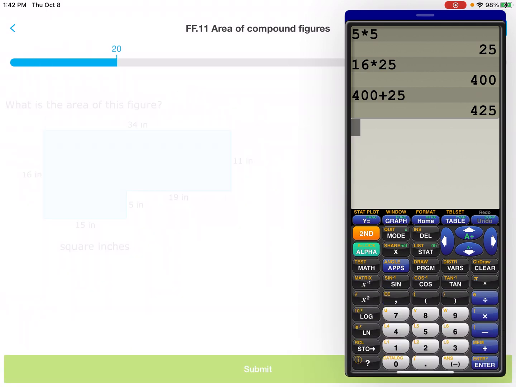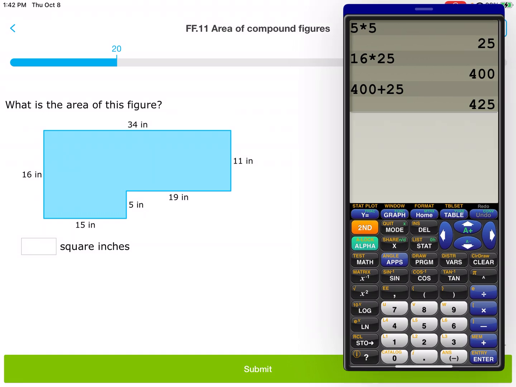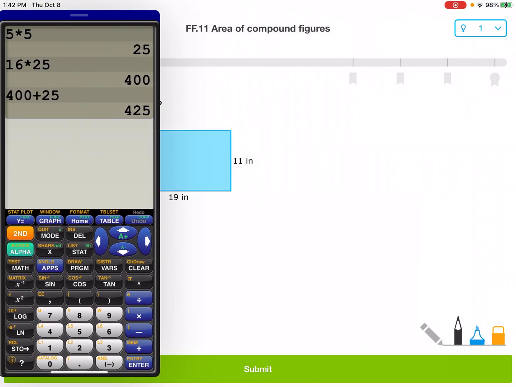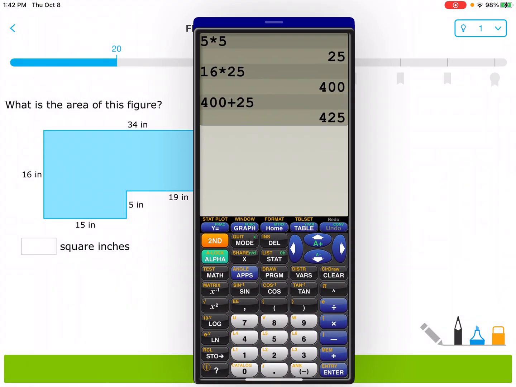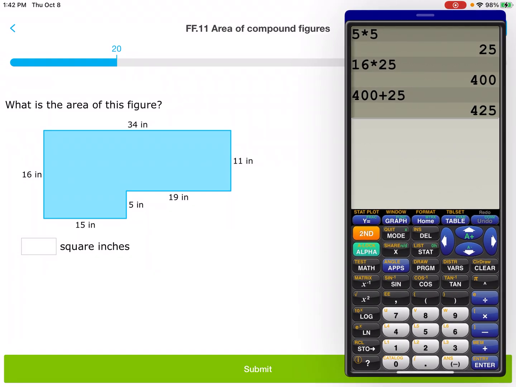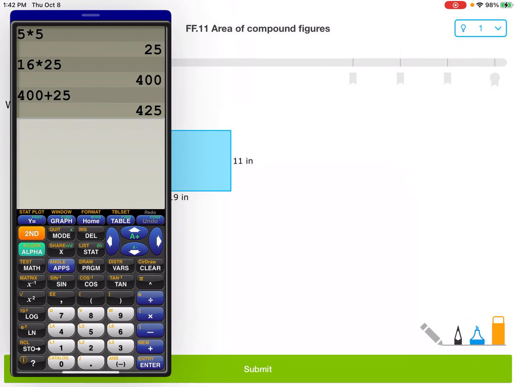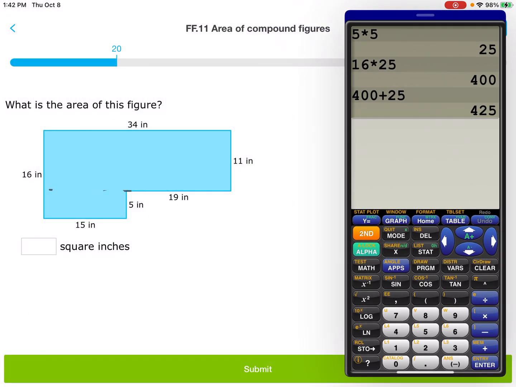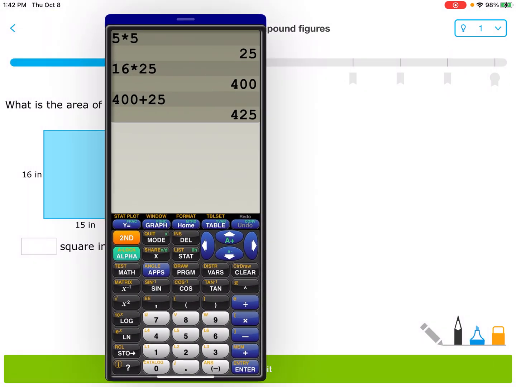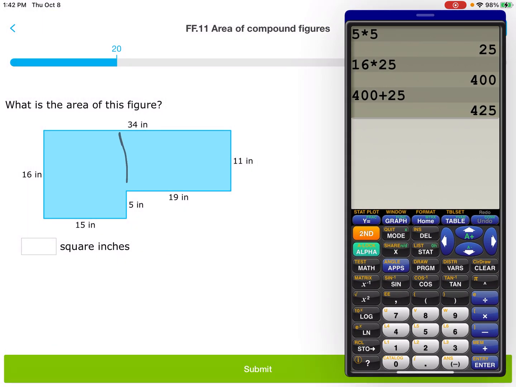All right, for the second problem, same thing. Now, in the example, they might show you a different way to cut it up, and that's totally fine. I could cut it like this, okay? That's one way to make it. I could also cut it like this. There's multiple different ways to do these problems.